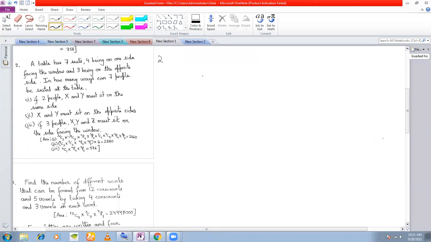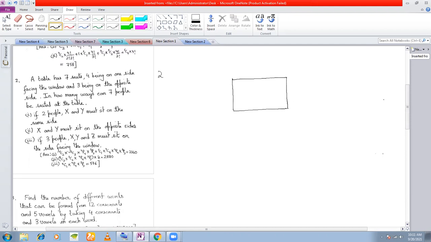The question states that a table has 7 seats, 4 being on one side facing the window, 3 being on the opposite side. In how many ways can 7 people be seated at a table? And then you have 3 different questions. So if a table has 7 seats, let us say this is the table. 4 are facing the window.